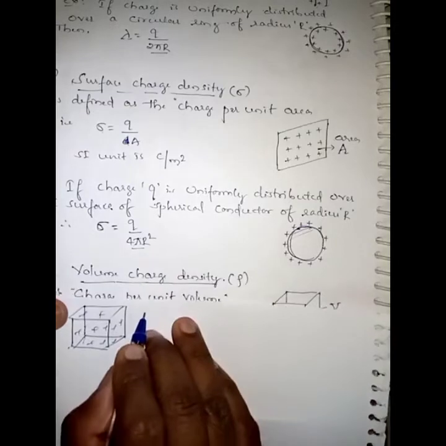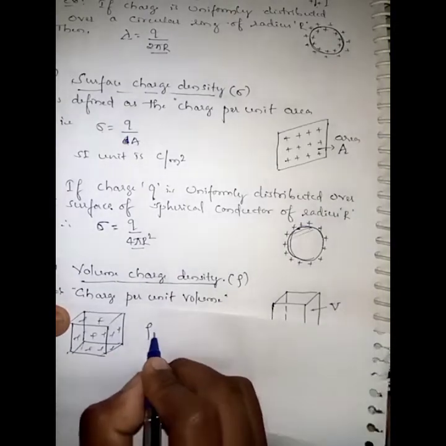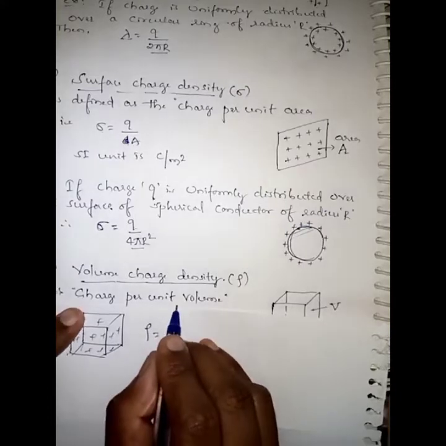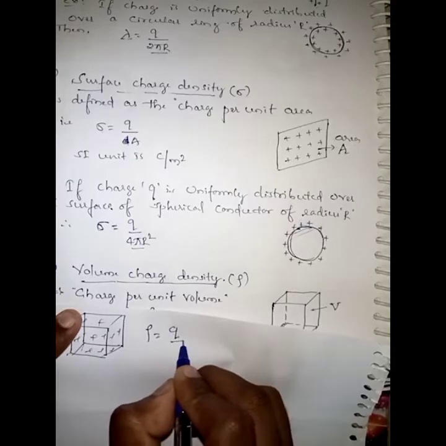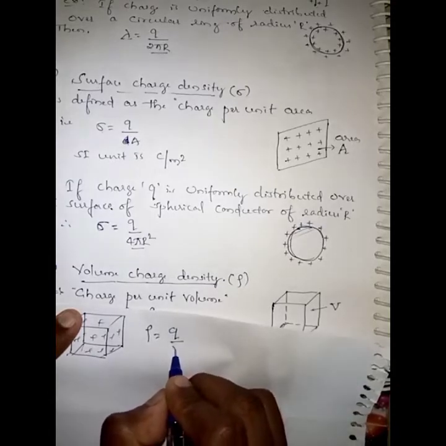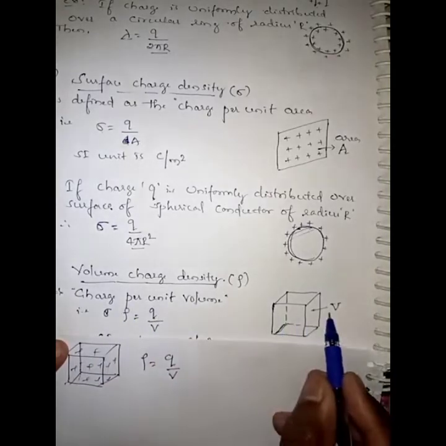The volume charge density rho is defined as charge per unit volume.